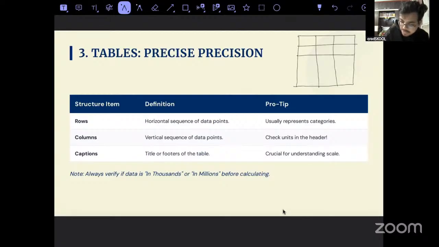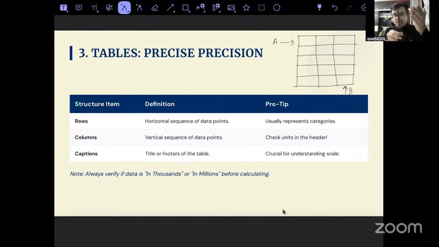Let me call this thing A and this thing B. So you guys are aware of what a horizontal line is and what a vertical line is, right? If not, then I'll explain. So this is the horizontal line in this manner, okay? And this will be a vertical line.